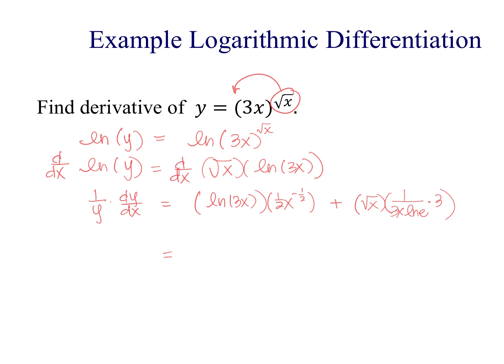I'm going to simplify my right side here into a numerator and a denominator. So in the first term, I'll have ln 3x in the numerator, and I'll have 2 rad x in the denominator, plus, and then what's left in my numerator there is a rad x.